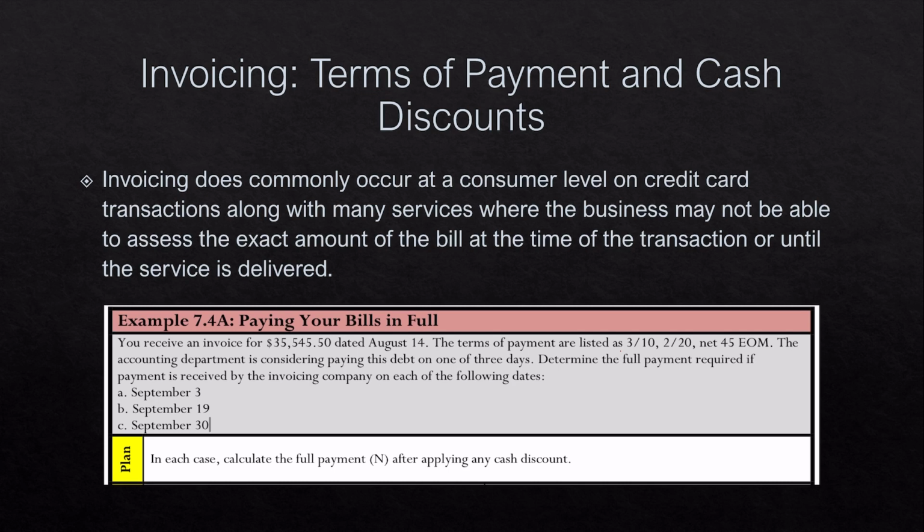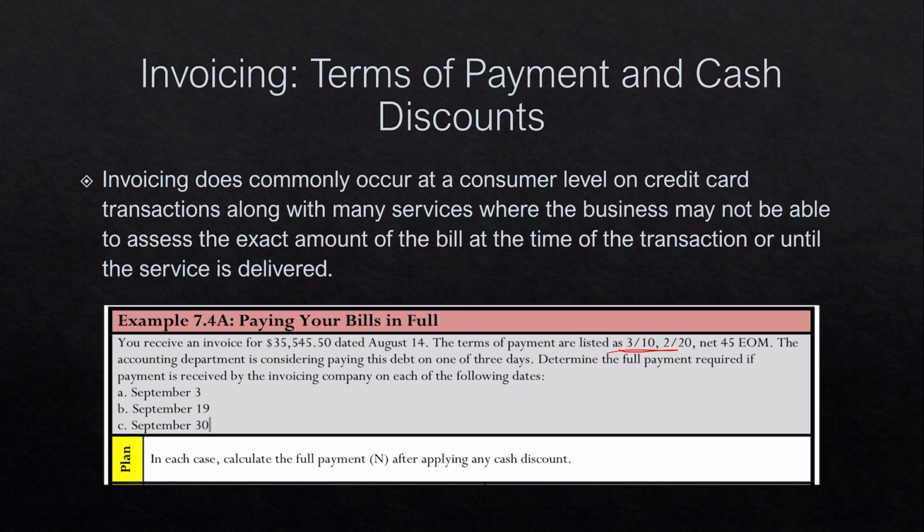In invoicing, in order to get the benefit of early receipt of money, we give customers a discount. In the case we are discussing here, we give a 3% discount if we receive payment within 10 days, a 2% discount if the payment is within 20 days, and no discount if payment is made within 45 days.